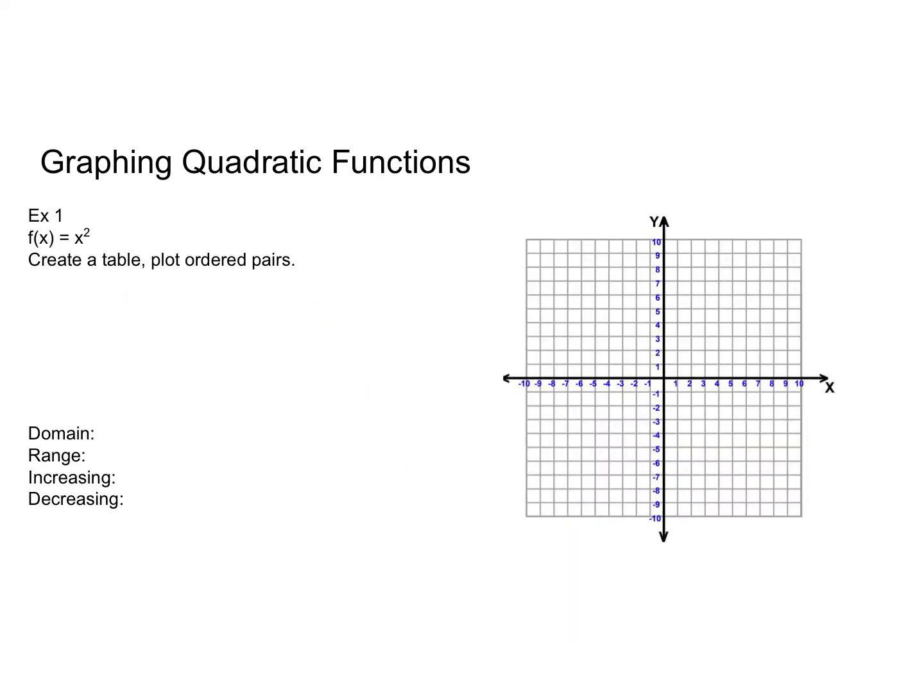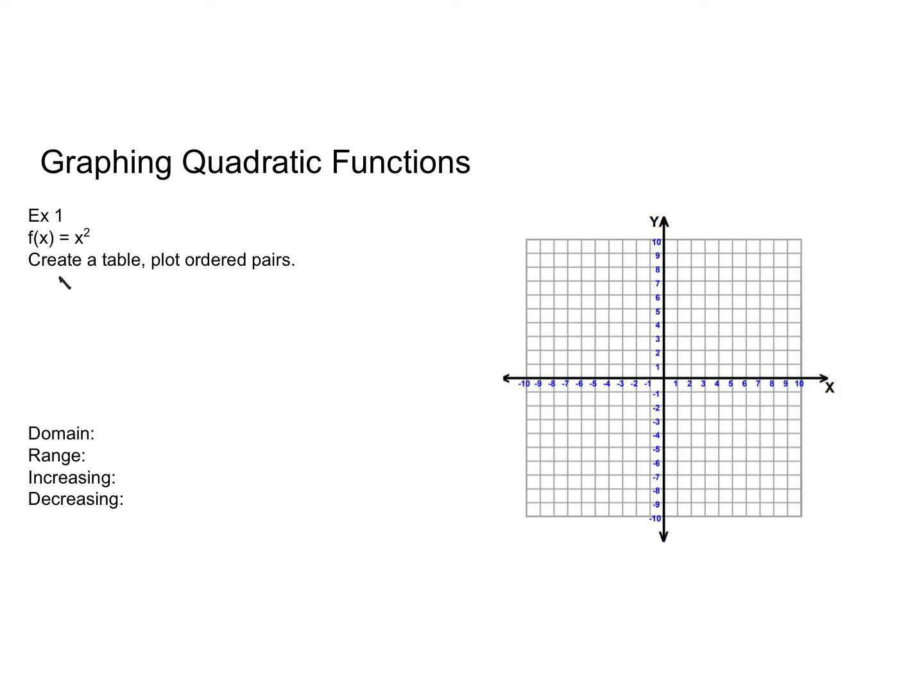Awesome. All right, so we're going to graph quadratic functions. So once again, we're going to create a table and we're going to plot some ordered pairs. And this is the most basic quadratic function. It's just f of x is equal to x squared. And a lot of times we call that our parent function. It's just our basic quadratic.